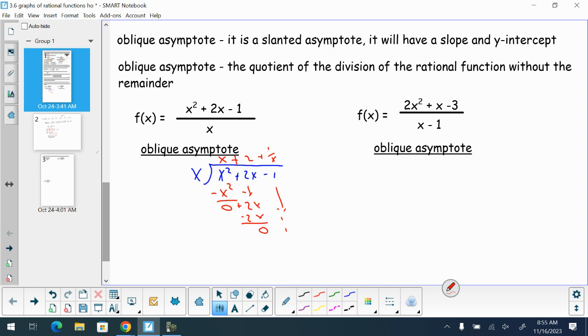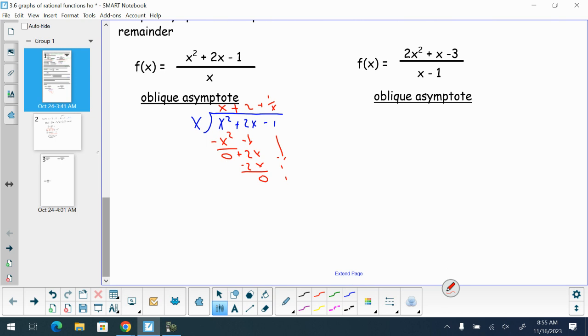So this is what we did in the previous section. We eliminate the idea of the remainder. So we have an oblique asymptote at y equals x plus 2.